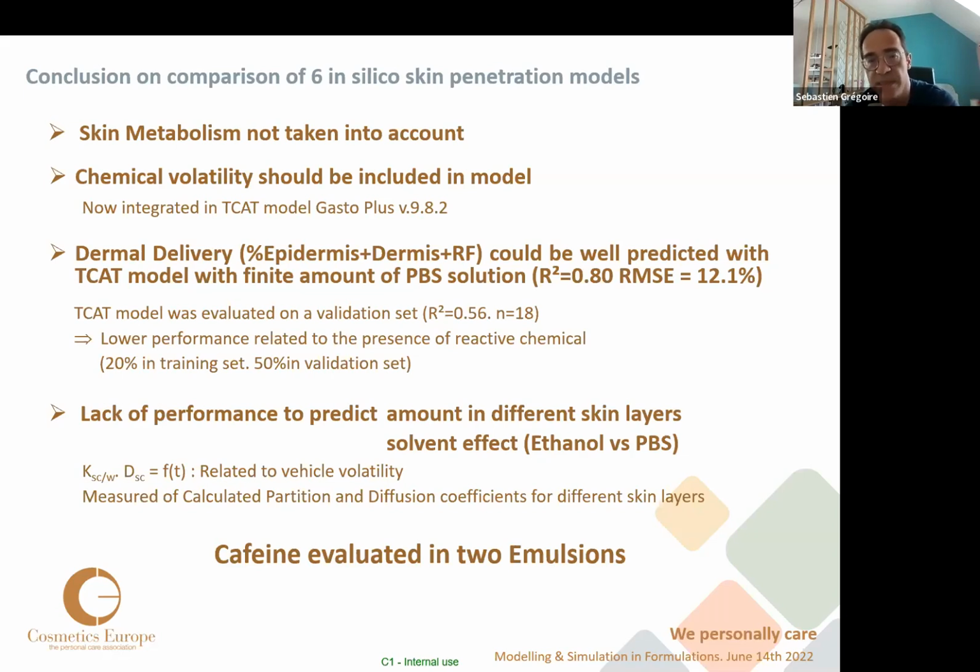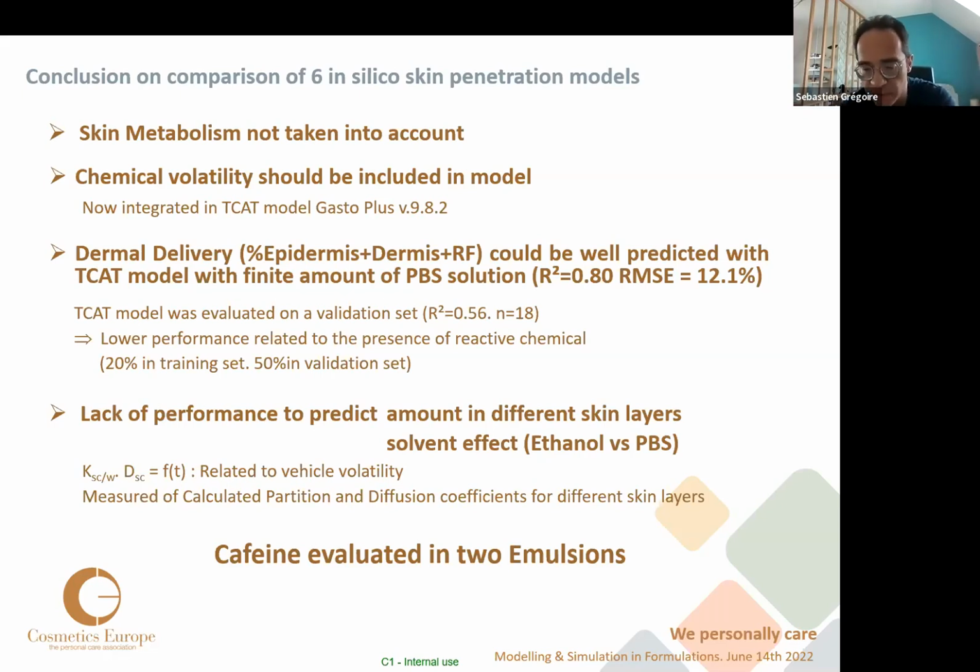And when we evaluate these additional 25 chemicals with the TCAT model, the performance was worse. One of the reasons is that this second set of chemicals also includes reactive chemicals. And I said at the end that there is a lack of performance to predict the effect of the solvent.